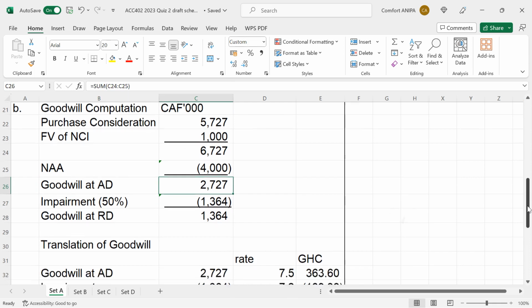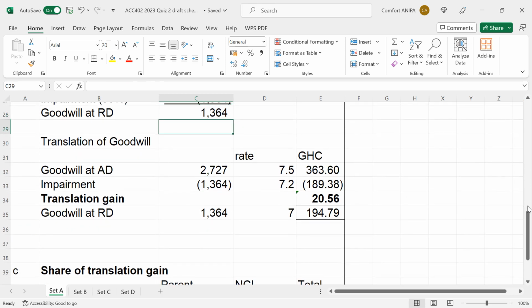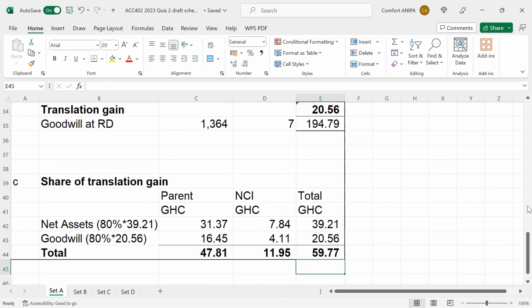So you will now translate your goodwill at acquisition at the acquisition rate, your impairment being a profit and loss item at the average rate, and then the goodwill at the reporting date at the reporting rate. And that will then give you your translation gain or loss of 20.56.